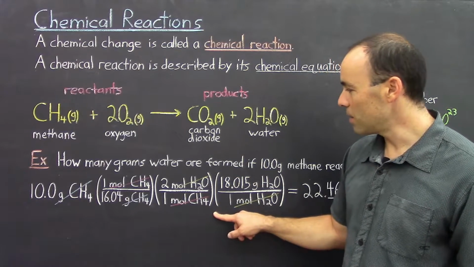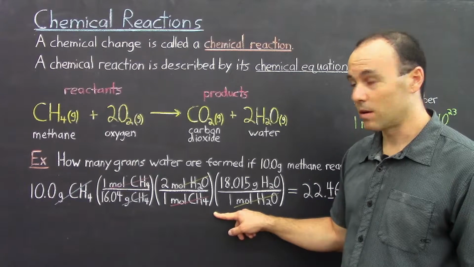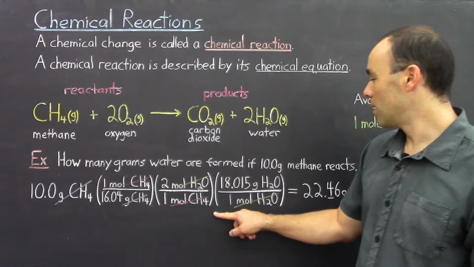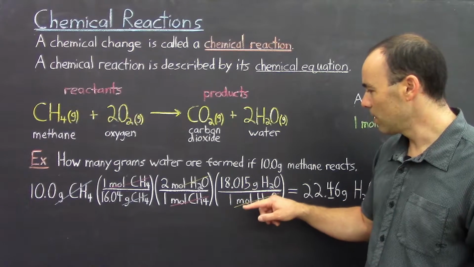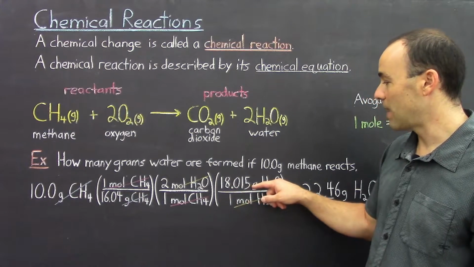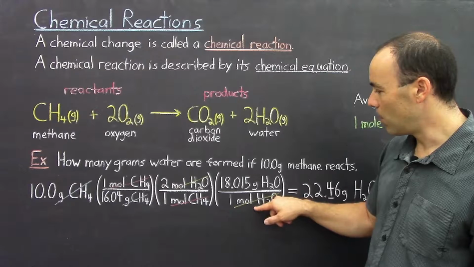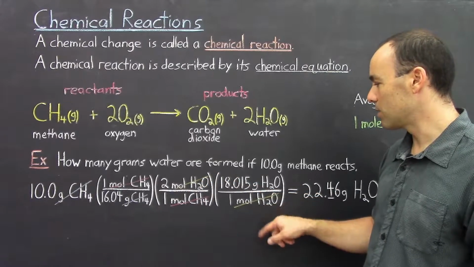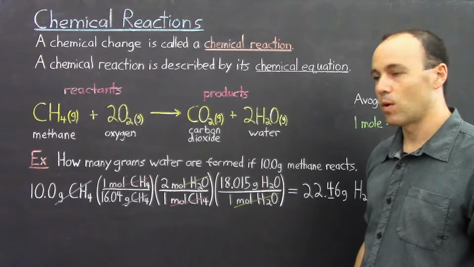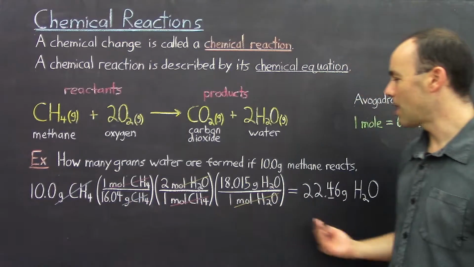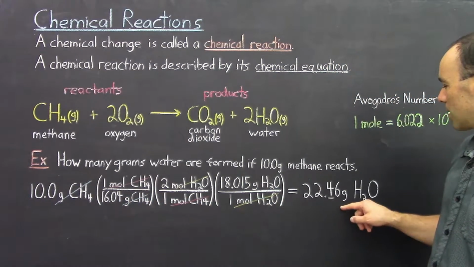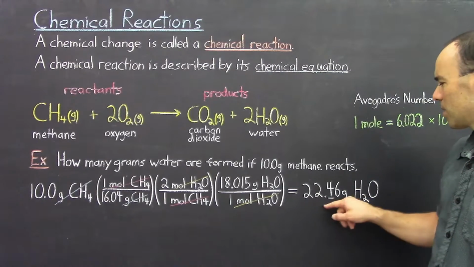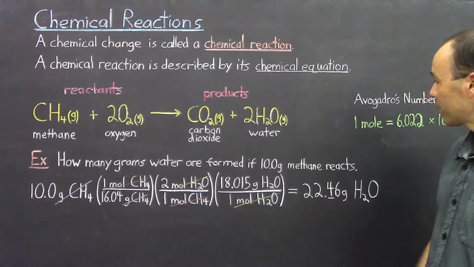After you get this far, you've converted to moles of water, but we need to get to grams of water. So you multiply by the following, 18.015 grams per mole. And here the moles of water cancels, and you're left with grams of water. And when you do the entire calculation, you end up with 22.46 grams of water. It's a 3 sig fig number.